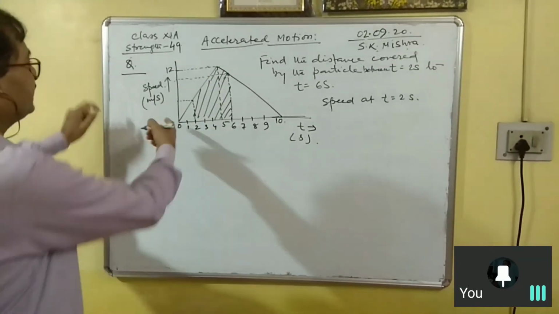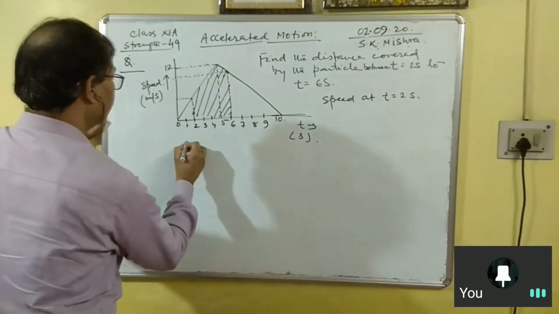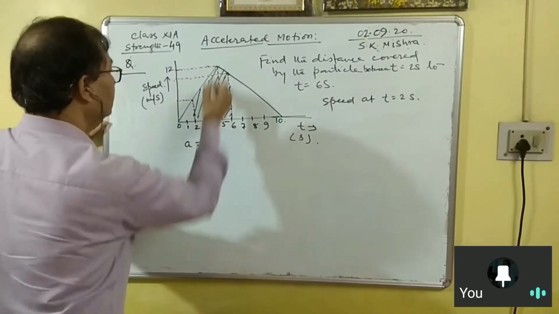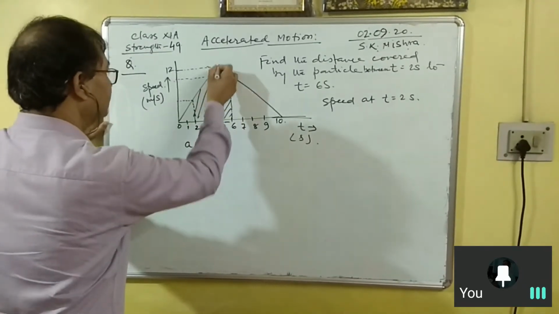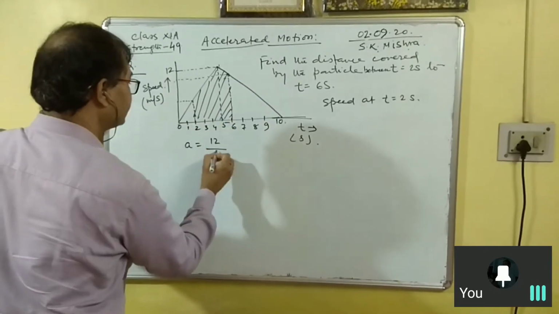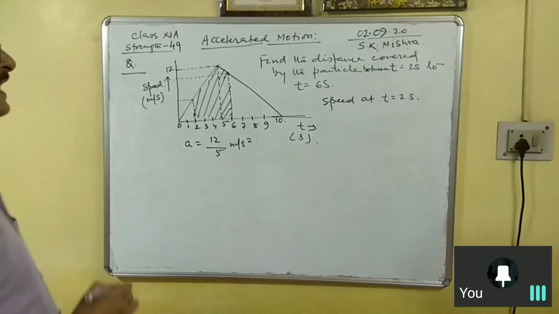Acceleration within this portion is the slope of the speed time graph. So magnitude of acceleration a is equal to, slope is how much? 12 by, that is perpendicular by base, and base is 5. So this much, 12 by 5 meter per second square, is the acceleration.